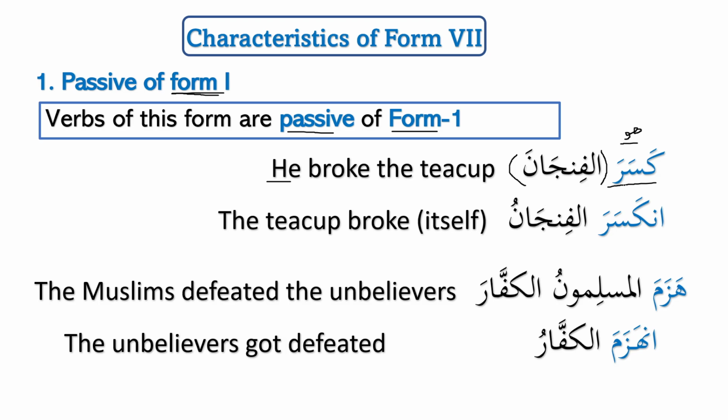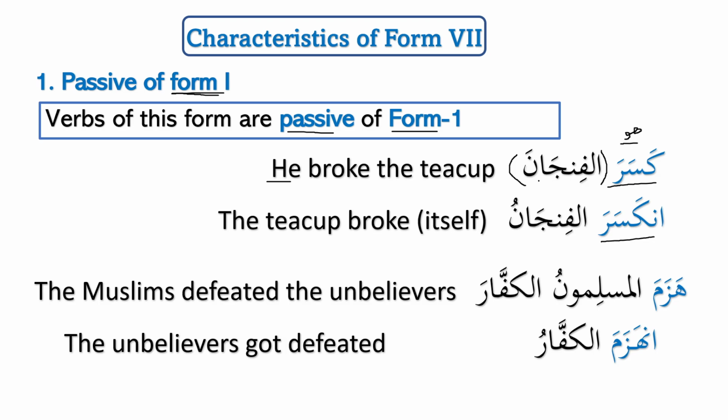When form number 1 is used in form number 7, there is an addition of in, so it becomes inkasara. Now the meaning becomes: the teacup broke itself, inkasara al-finjanu. What happened here?